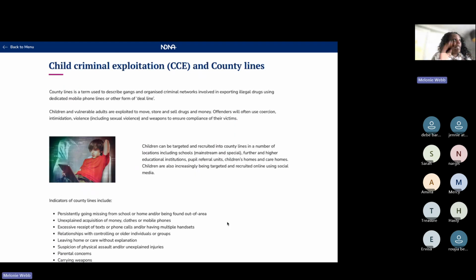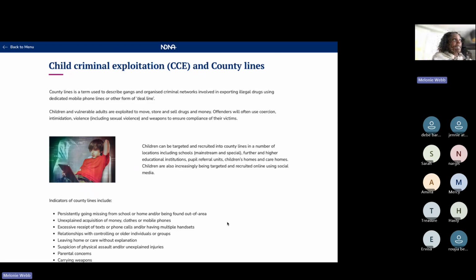So looking at child criminal exploitation, county lines is a term used to describe gangs and organised criminal networks involved in exporting illegal drugs using dedicated mobile phone lines or other forms of deal line. Children and vulnerable adults are exploited to move, store and sell drugs and money.